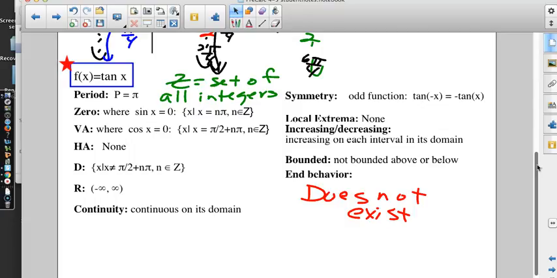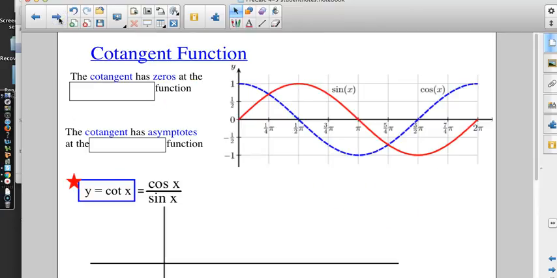So we're not going to be able to do that. All right, so that was tangent. Now I start thinking cotangent. Let's see, cotangent is what you get when you flip tangent. So that means sine and cosine are going to play opposite roles for cotangent. And that's exactly what takes place. The cotangent will have zeros at the zeros of cosine.